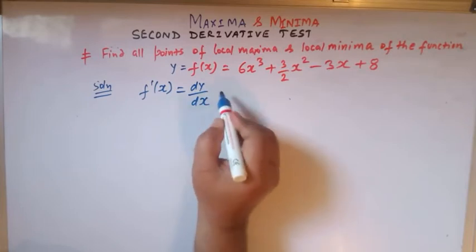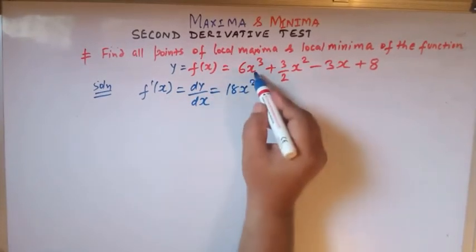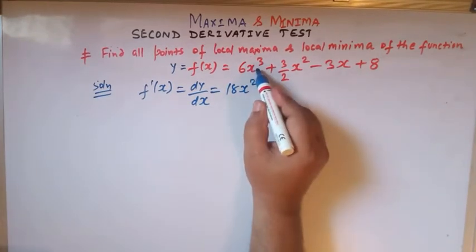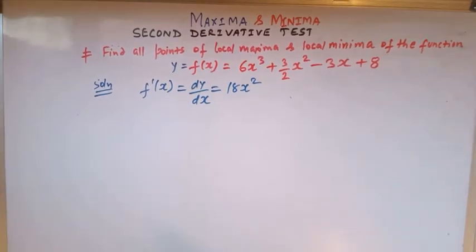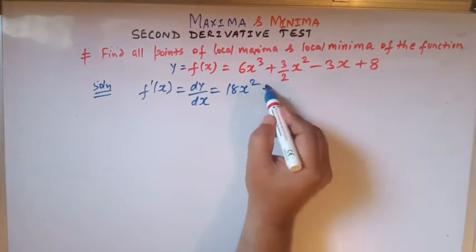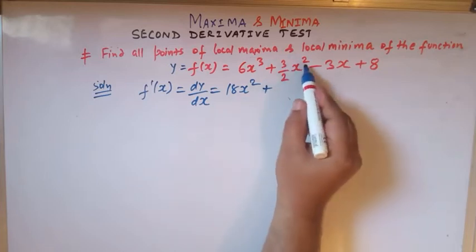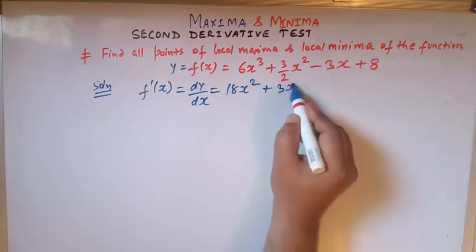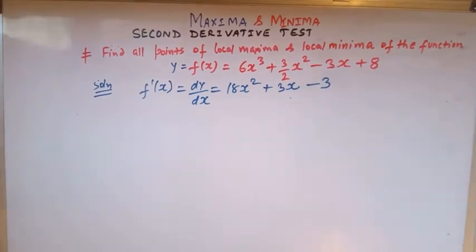So dy by dx is given by 18x squared. The derivative of x cube is 3x square. Plus 2x, and 2 gets cancelled, so we have simply 3x, and here we have minus 3.